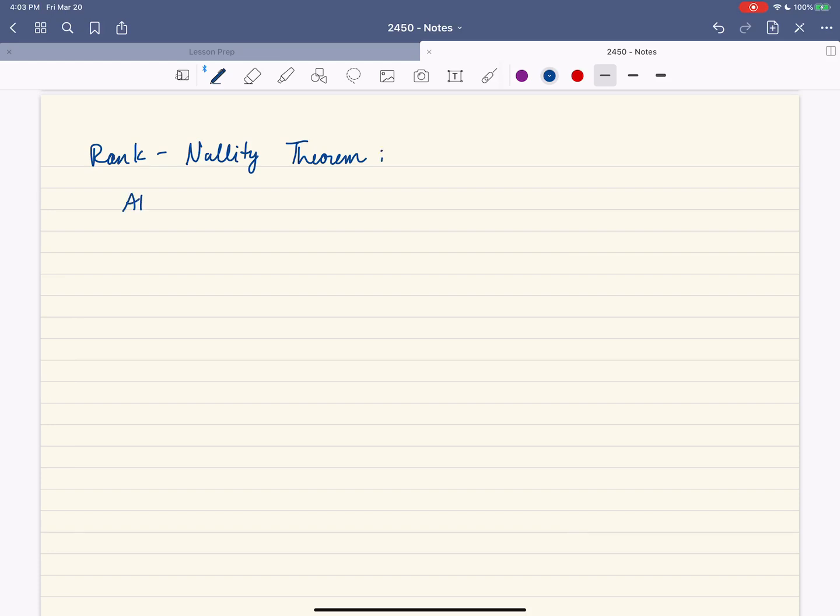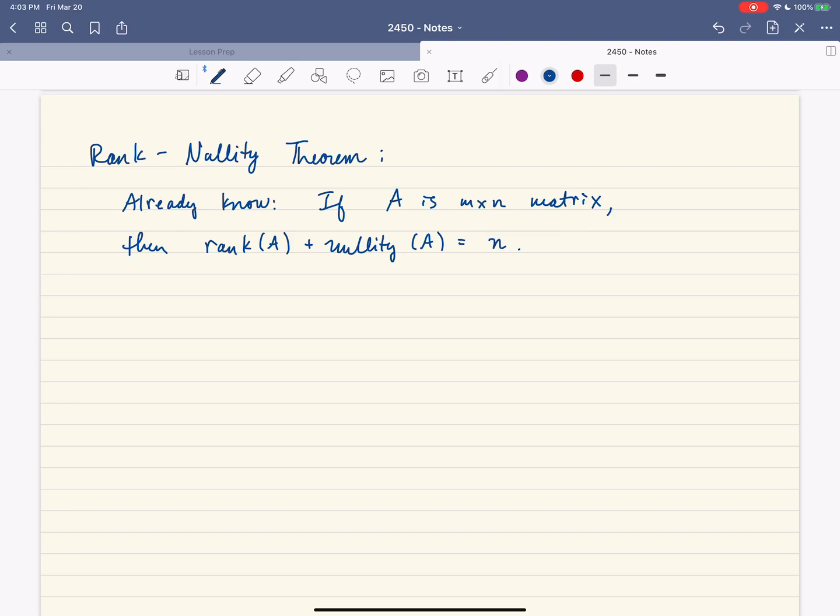So we already know that if I have a matrix A, and if A is an m by n matrix, so that it has m rows and n columns, then the dimension of the row space or the dimension of the column space, remember that those are equal, plus the dimension of the null space has to add up to n. Okay, so we've already seen that.